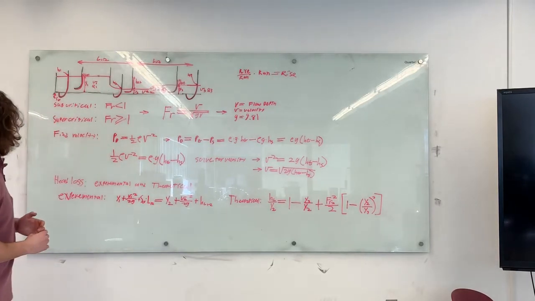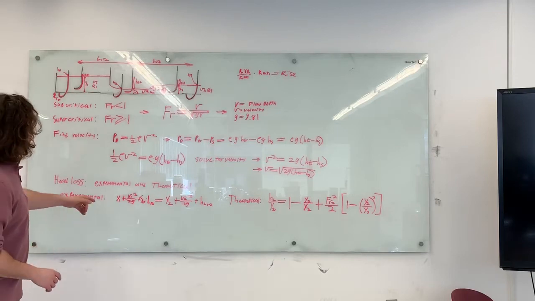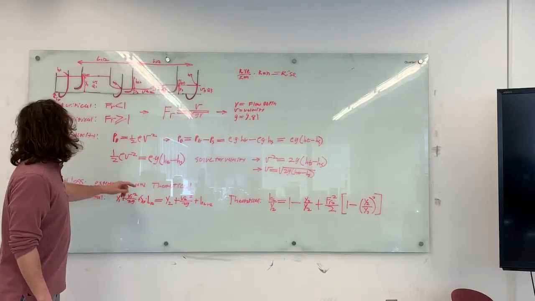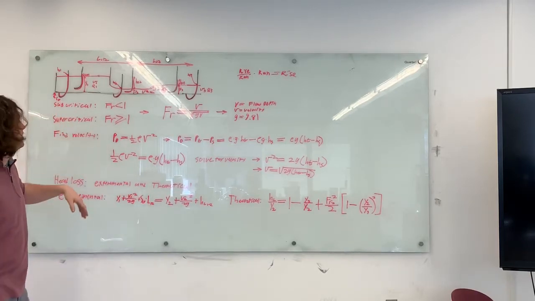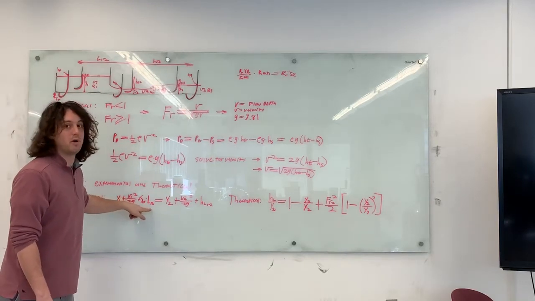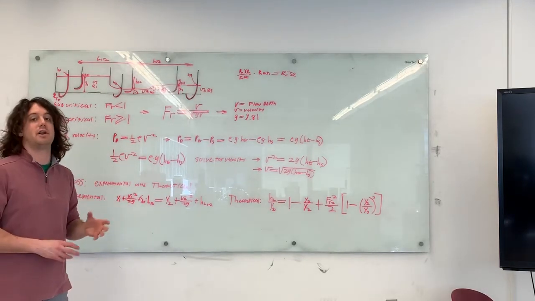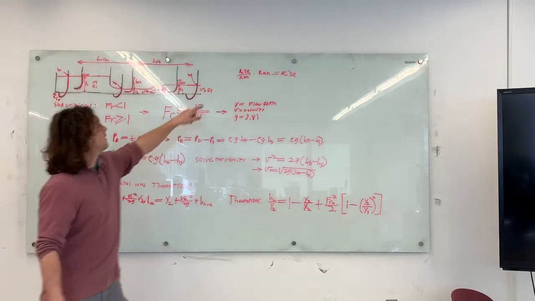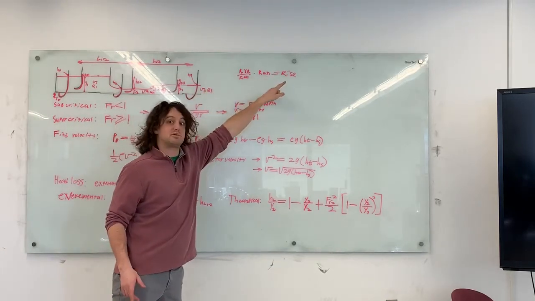Either way, you have a slope, which is rise over run, and you have a length component, so you have rise over run times run, which equals rise.